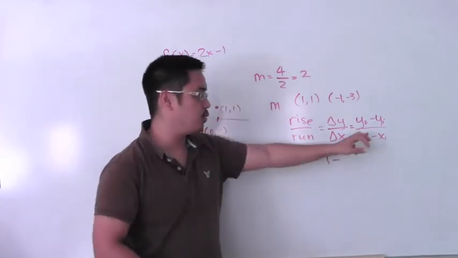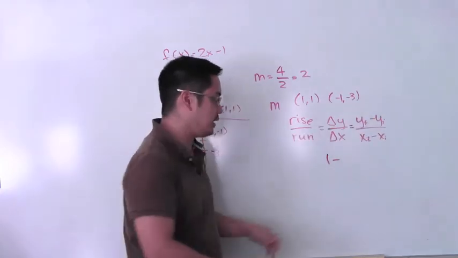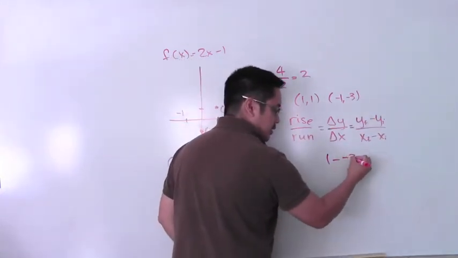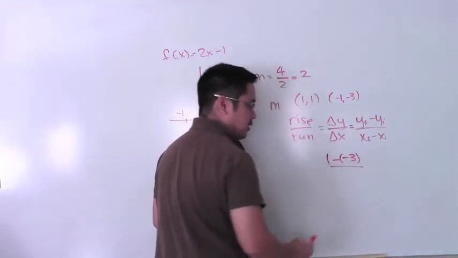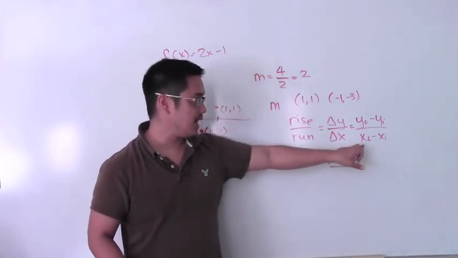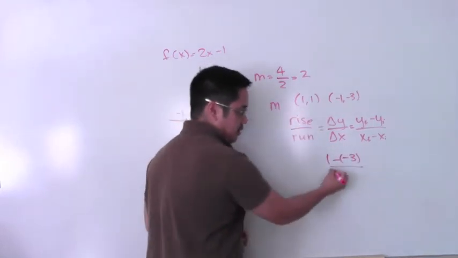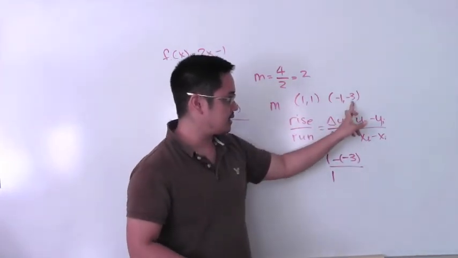Minus, what is the y initial? -3. Notice how I put the parentheses around there. That's important. What is the x final? 1. What is the x initial?